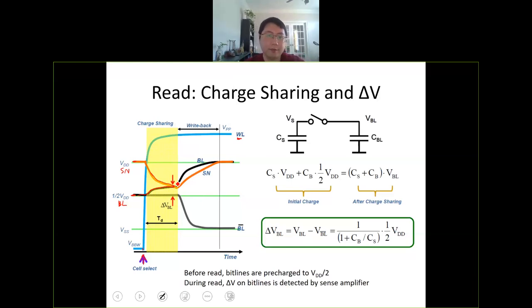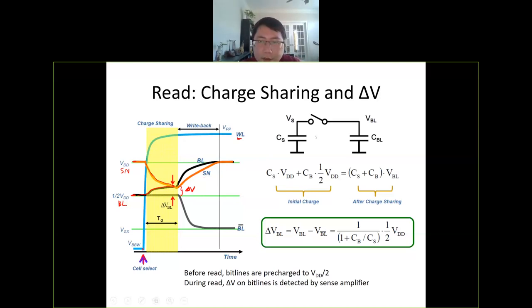Why is that? We are going to analyze this through a simple circuit, like the two capacitors on this diagram. This is the delta V we are talking about, the voltage increase on the bit line.